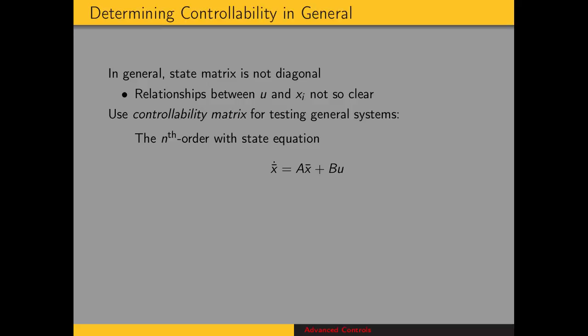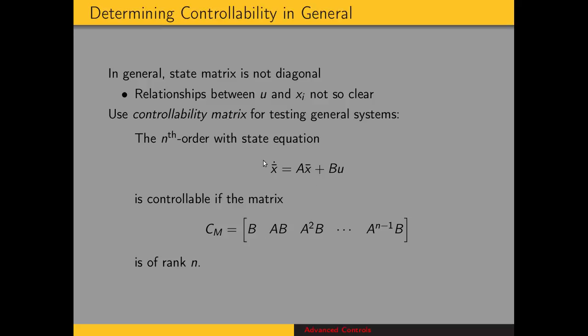Now we're talking about, in general, an nth order system. So we have a system with this state equation. This system is controllable if the matrix C sub m, which we'll call the controllability matrix, is equal to B, AB, A squared B, all the way up to A to the n minus 1 times B. So this controllability matrix is a square matrix, and it has n rows and n columns.